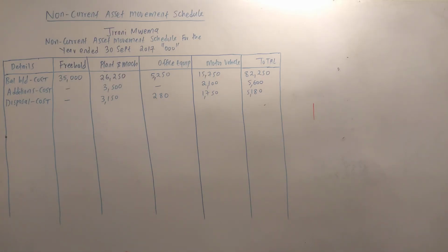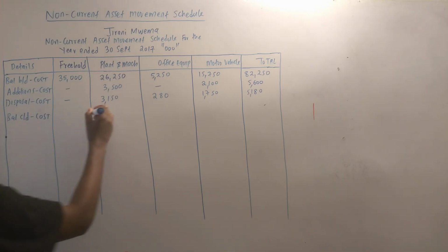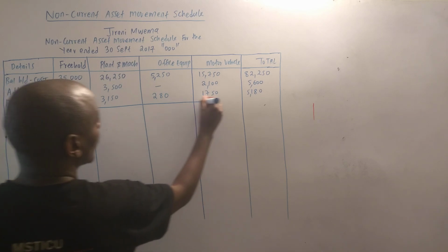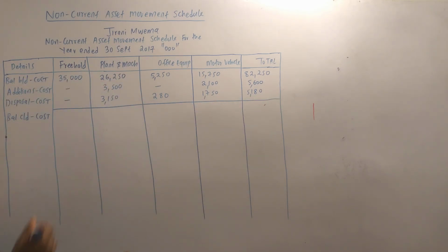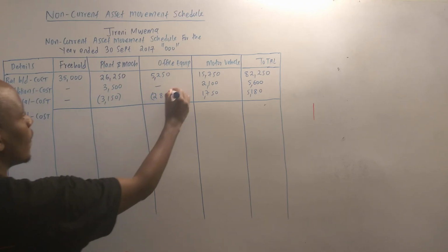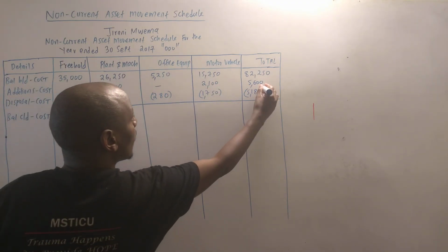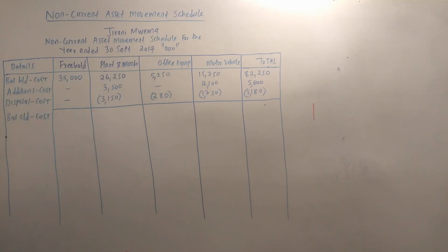I don't think there's any other thing. There was no reclassification. You can check if there was a reclassification, but we do not have. Then we put balance carried down at cost. Remember, disposal you deduct. This one will remain the same. Let me use a different pen so that you know it is a balance after deducting something.